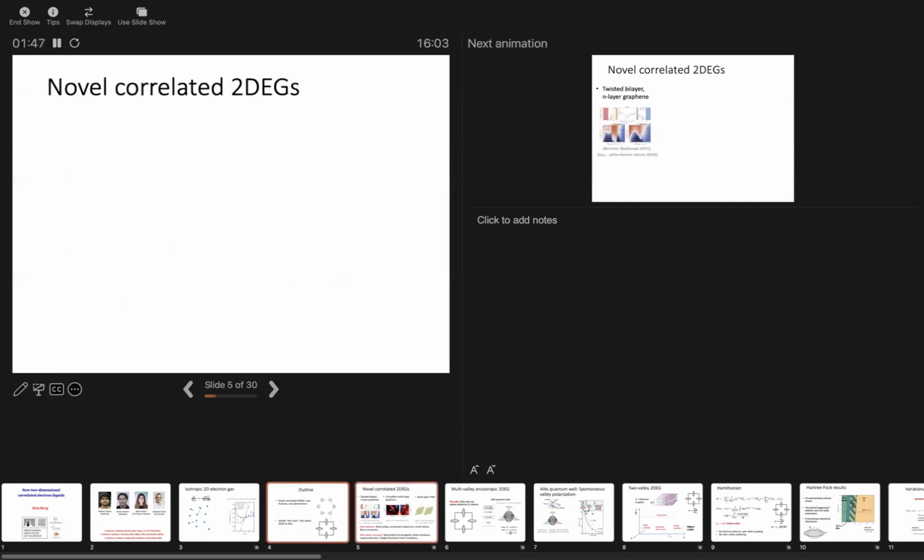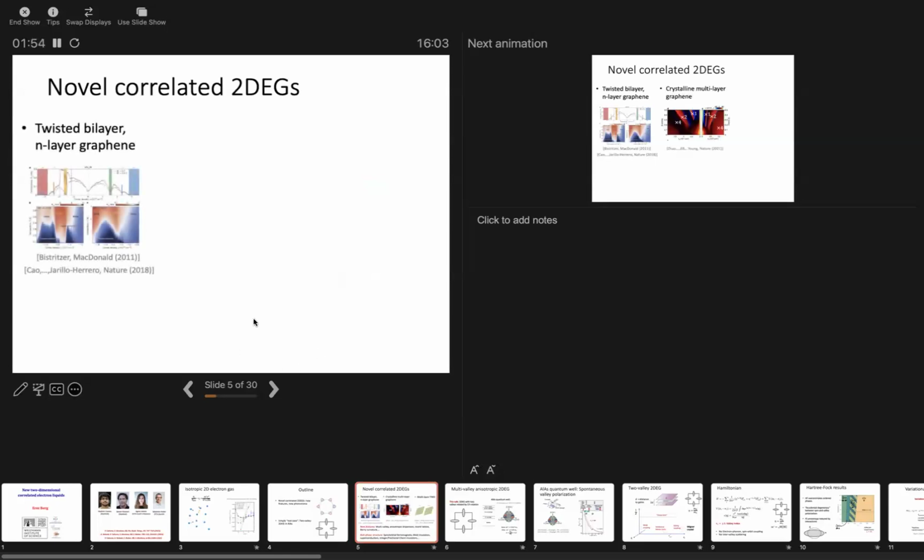Okay, so novel correlated 2D electron gases. One such example is twisted bilayer graphene that you heard about. The prediction was that if you take two layers of graphene and twist them just right, you get these very flat electronic bands, and there are some surprises that emerge.